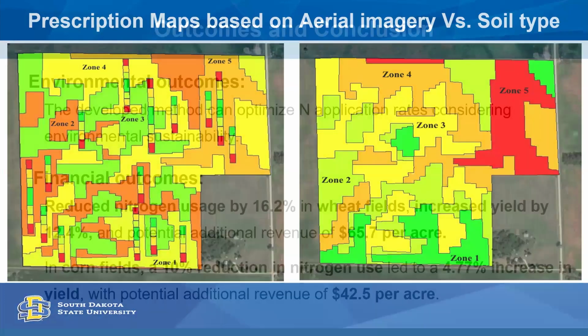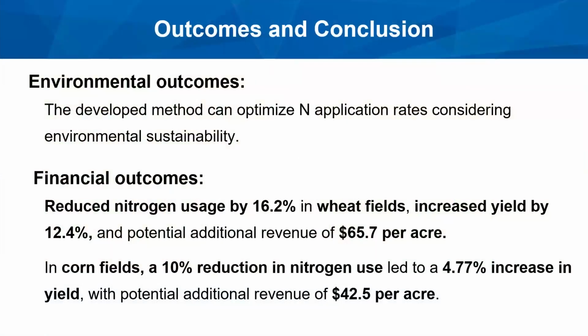Here is a very quick and short outcome and conclusion. When we think about environmental outcome and impact, this method increases nitrogen use efficiency, so for sure it will have a good improvement on environmental sustainability and quality.